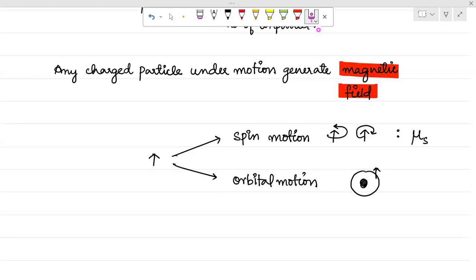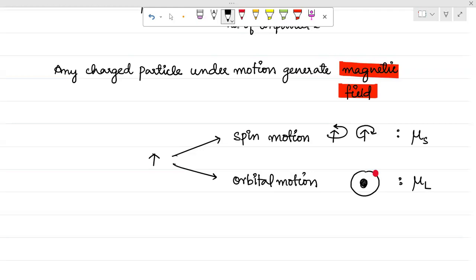The earlier one is where the electron spins on its own axis; that is spin motion. Orbital motion is different: the electron moves around the nucleus in an orbital.